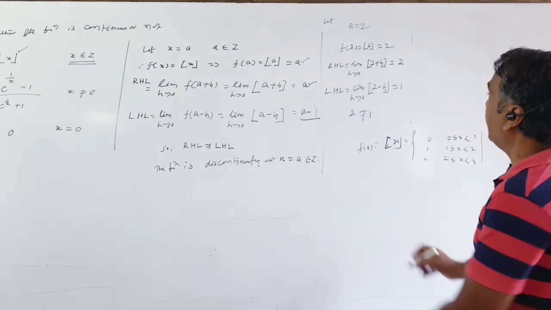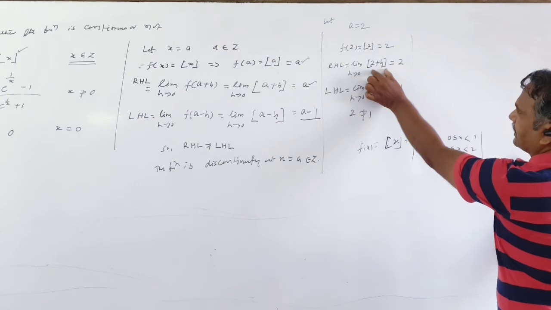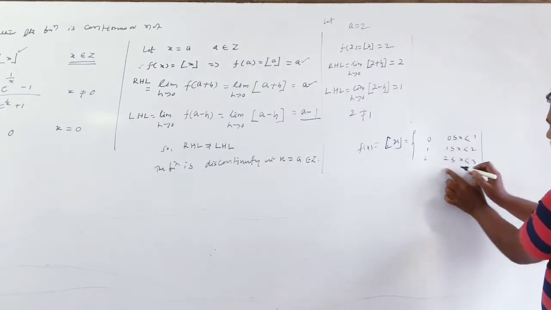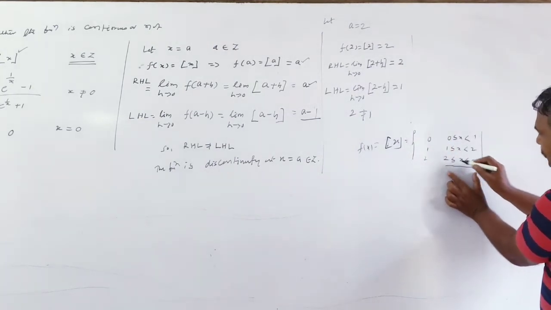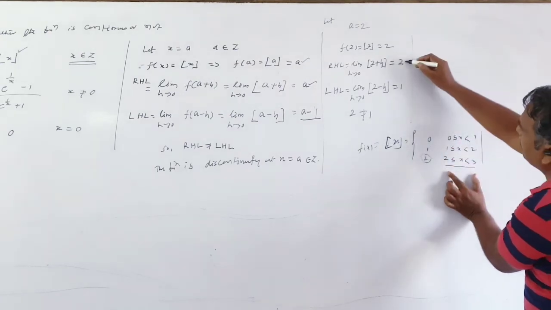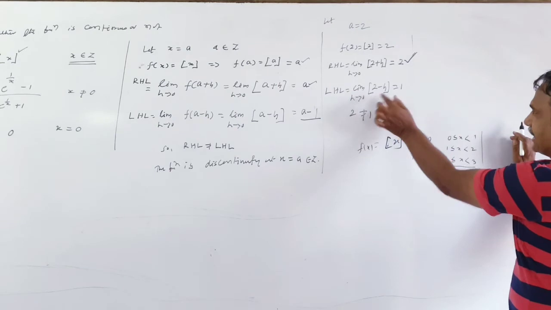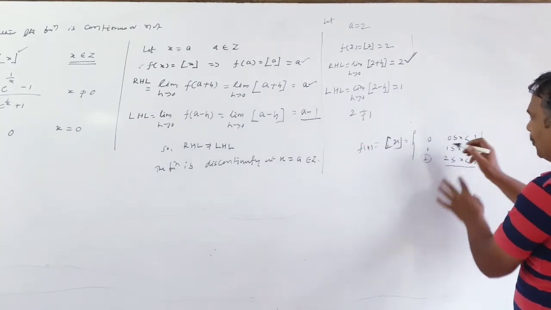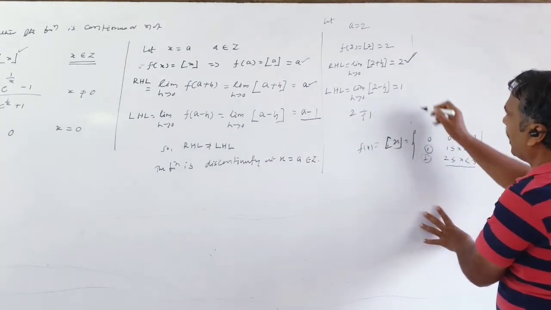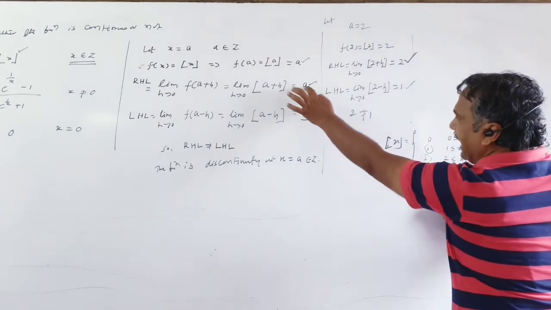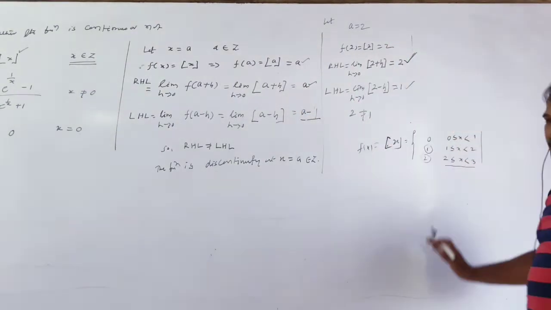Now here 2 plus x, in this interval, so this is a 2. Now next one is 2 minus x, which is less than 2, so this is a 1, or you can write it as minus 1.